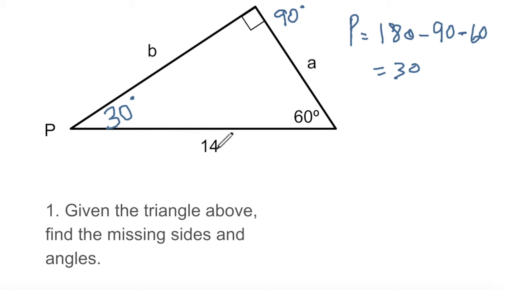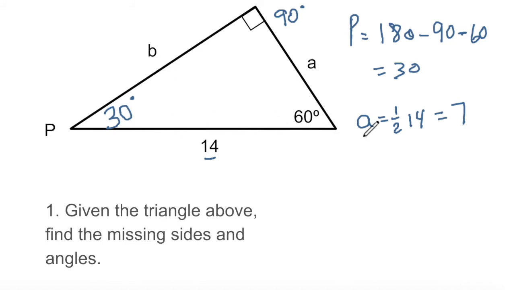Side A is 1/2 of the length of the hypotenuse. Here we can see the hypotenuse is 14. So if A is equal to 1/2 times 14, then A is equal to 7. It's basically 14 over 2, isn't it? 14 over 2 is equal to A. So side A is 7.